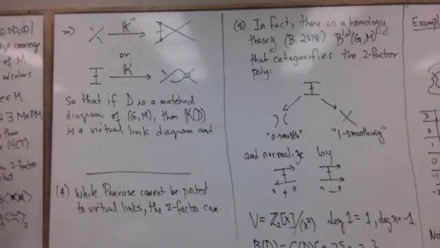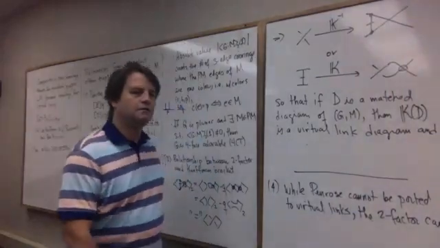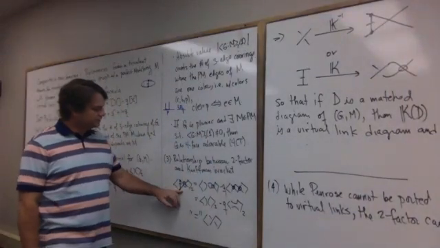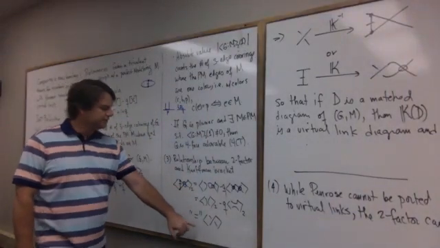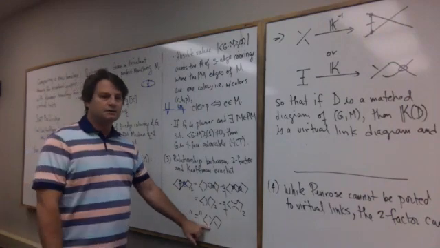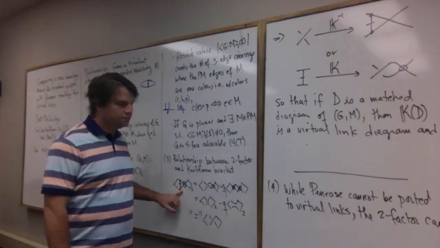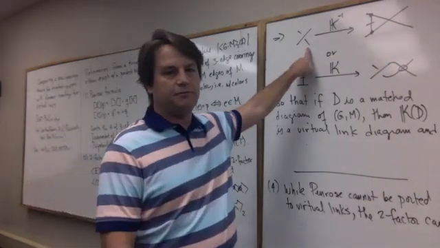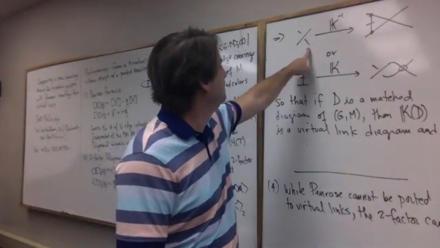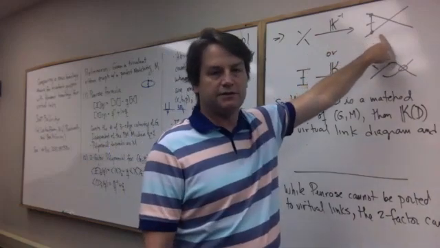So, I guess I need to go back here. We saw that this was basically equivalent to that. A regular classical crossing looks like that. So if you replace it the other way, you say that these two things are identified.